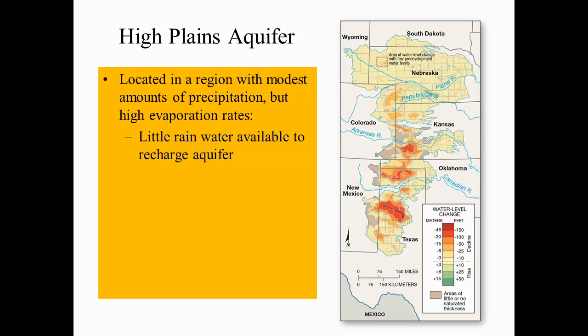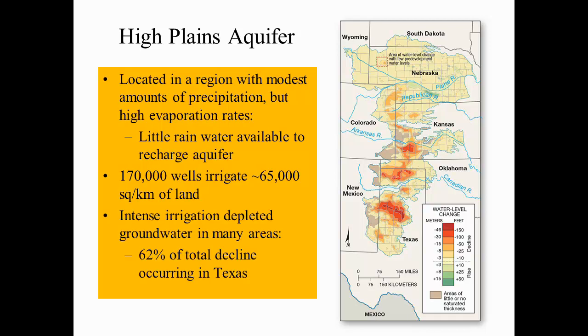And we can see that the High Plains Aquifer extends from West Texas up through western Oklahoma, western Kansas, and on into Nebraska and South Dakota. Now, within the High Plains Aquifer, about 170,000 wells irrigate in excess of 65,000 square kilometers of land.